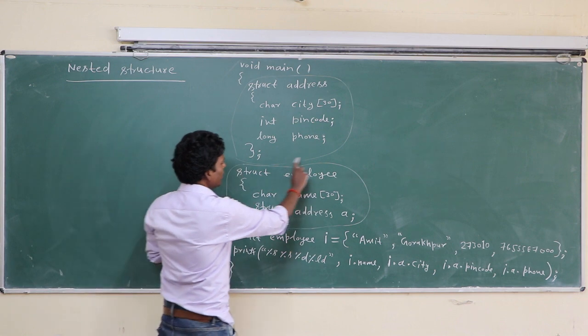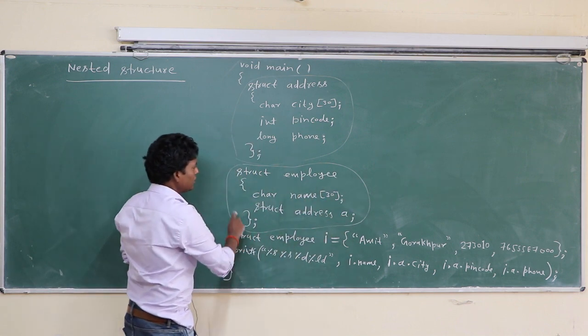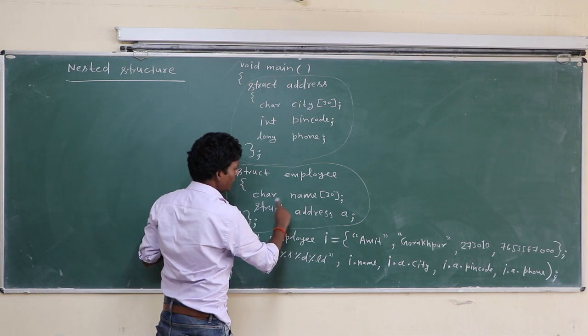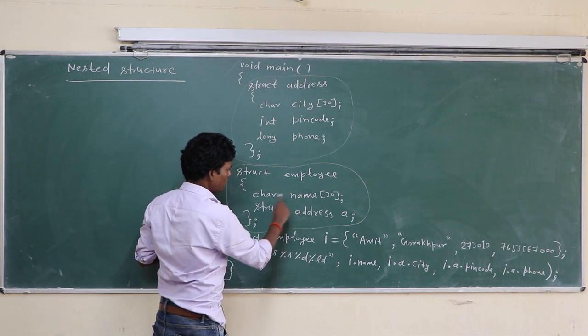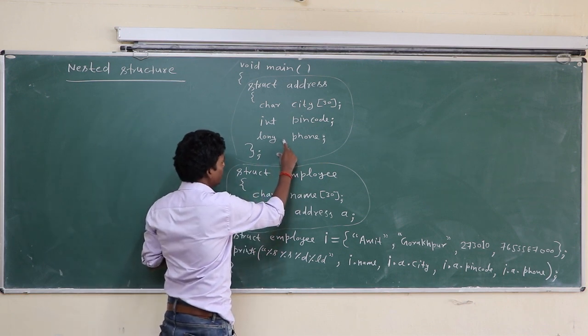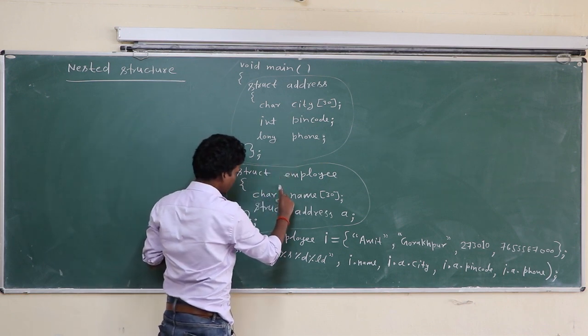Same thing is here: another struct keyword, structure name, structure members, or structure elements. So here is one structure data type, and here is another structure data type.